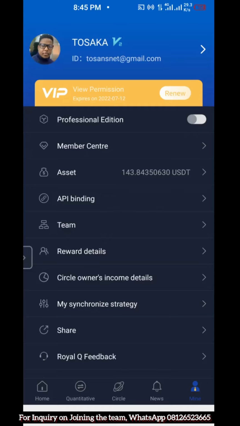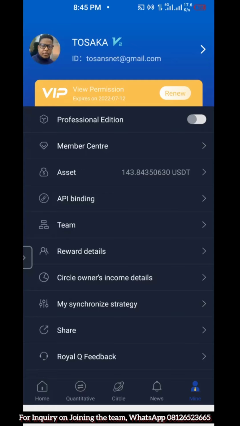But then it's really safe. The ones in pro mode are also safe, but because they are new, Royal Q is saying that you should understand the risk and be a professional trader, know when to trade, and also follow the news and some other things. That's why they limited it to professional mode alone.